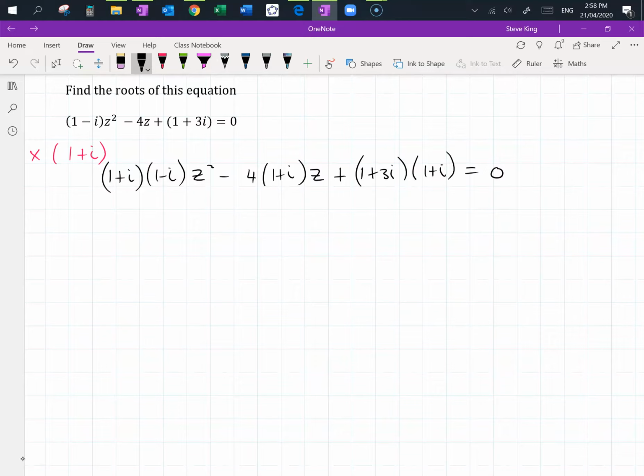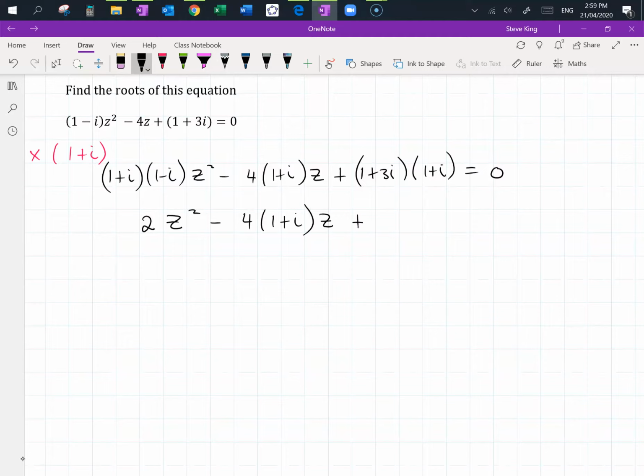If I tidy up what I've got here now, this is the difference of two squares, so it's going to be 1 minus i squared. Minus i squared is going to be plus 1. So in other words, I'm going to have 2z squared. That looks a lot better. And what have I got here? I'm actually just going to keep it like this, minus 4 times 1 plus i z.